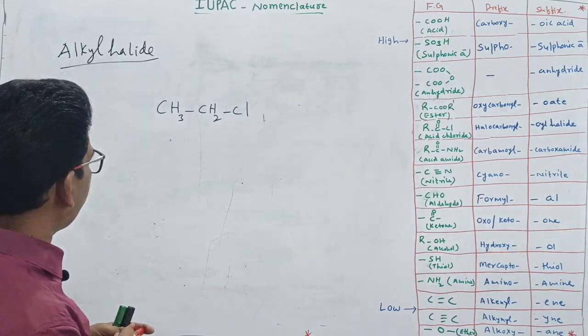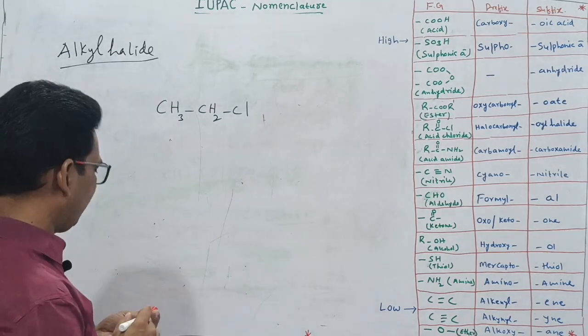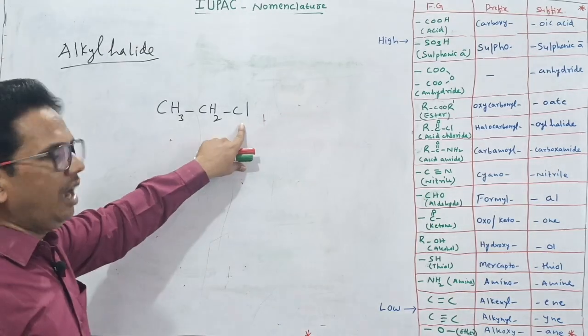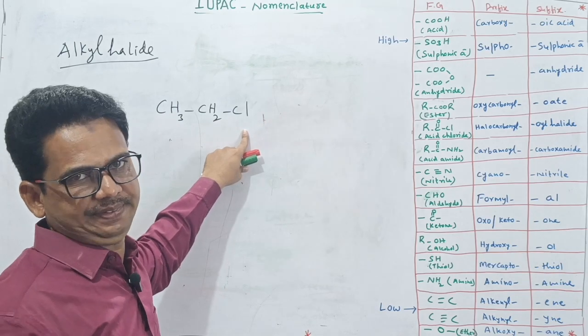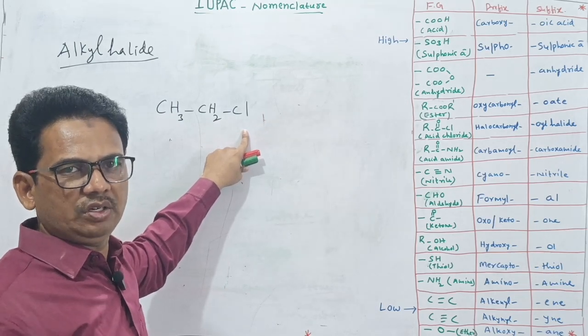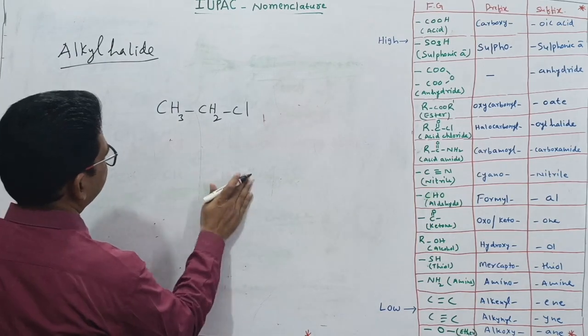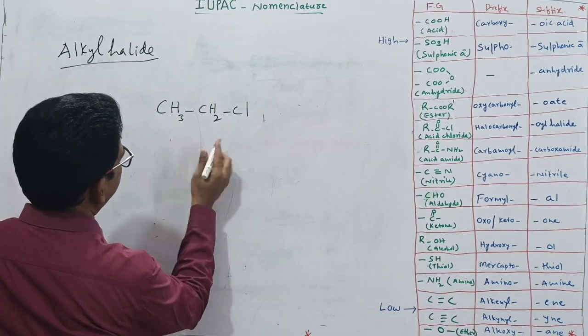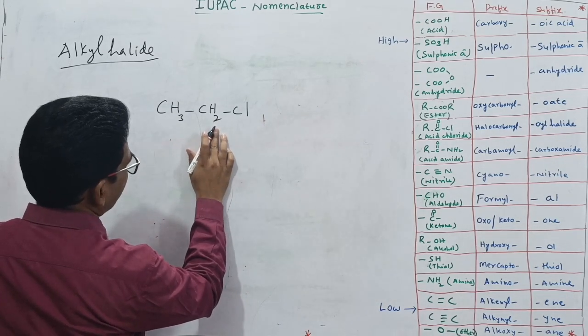Then how are we writing the name for this one? Always, whenever halogen is present in any compound, according to IUPAC, we write the halogen as a prefix, meaning before the word root. Then see, in this case, chlorine is present at the first position.